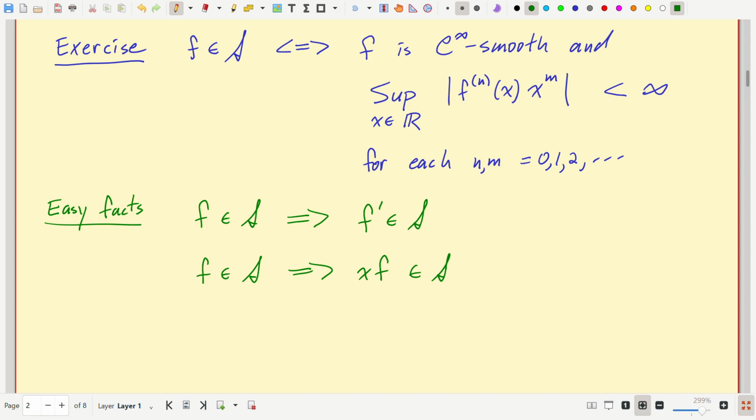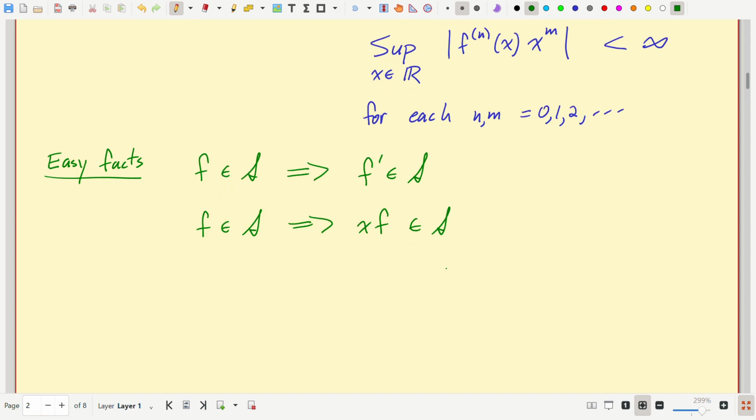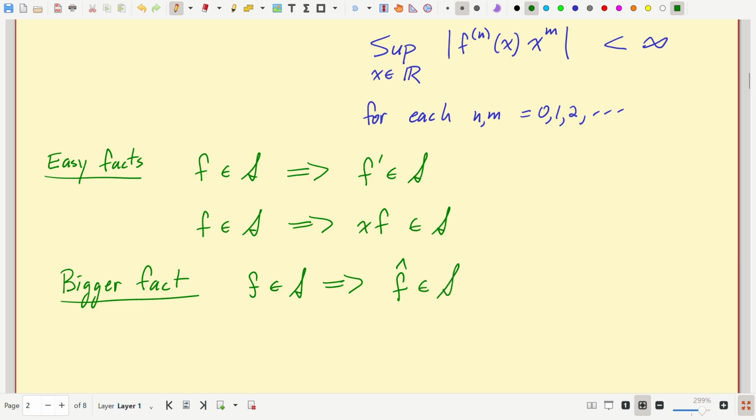Also a no-brainer from the definition. But a bigger fact, and the reason Schwartz invented this thing, is if f is in the Schwartz space, then the Fourier transform is in the Schwartz space. And that takes a little bit of work.